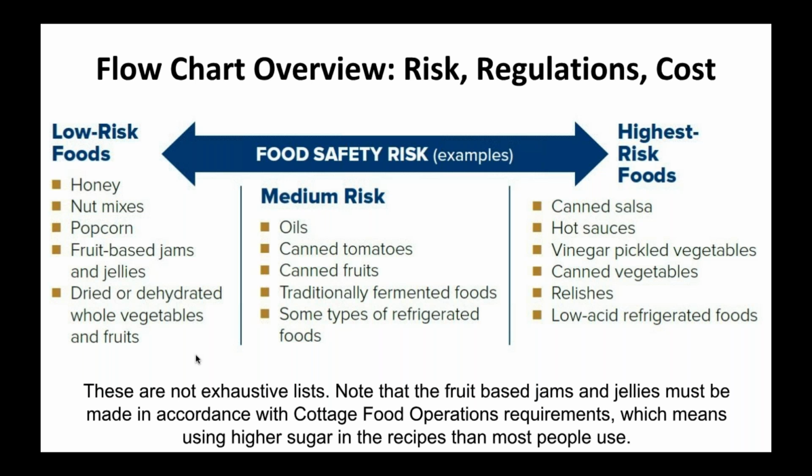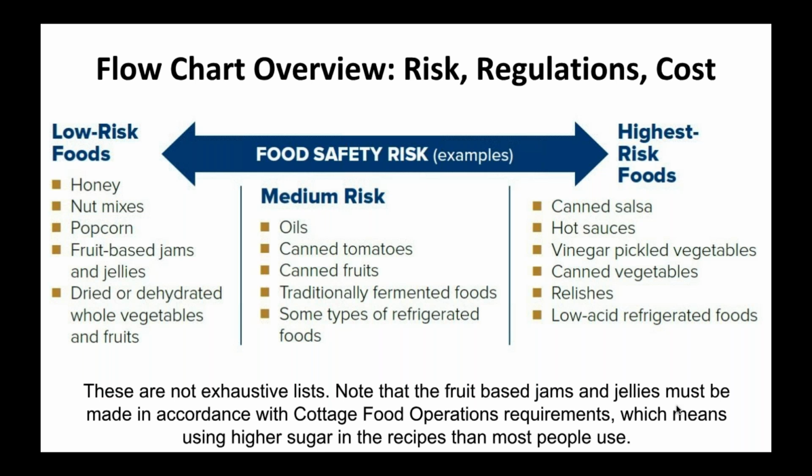And then if we go all the way over to the right to our highest risk types of foods, these are foods that would potentially be susceptible to Clostridium botulinum growing in these types of products and producing toxin. So things like canned salsas, hot sauces, vinegar pickled vegetables are what we call acidified foods.